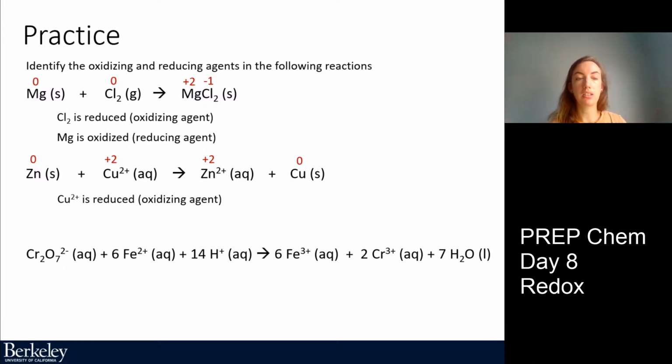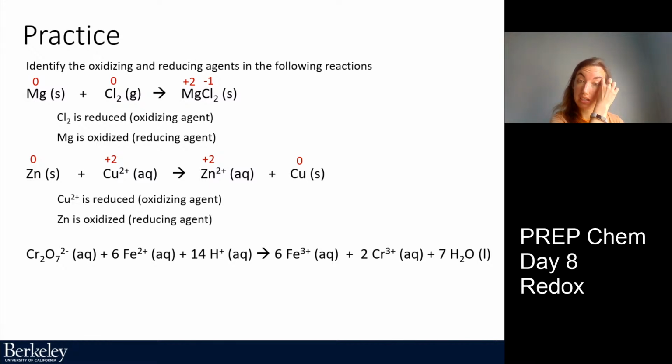So copper is reduced, its oxidation number goes from +2 to 0, and therefore it's the oxidizing agent because it oxidizes zinc, and zinc is oxidized, which means it's the reducing agent. So again, zinc loses electrons by giving them to copper.